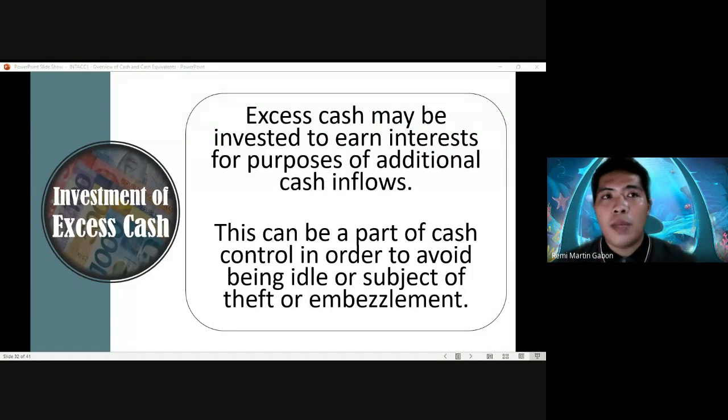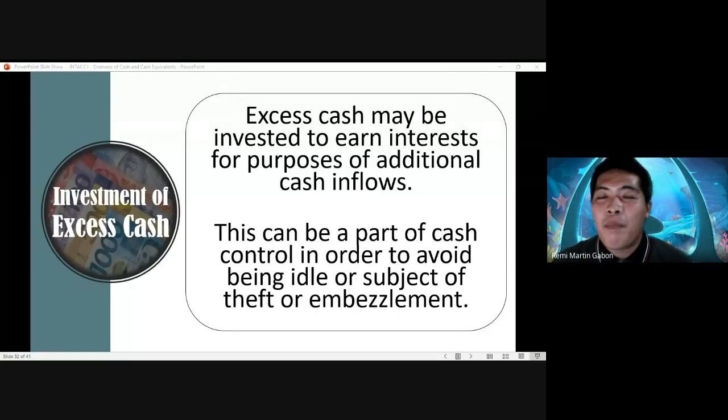So in order for the cash to be more usable, even if there is no specific intended purpose yet, mas maigi na yung excess cash na yan, i-invest temporarily for additional cash flows, in the form of interest. And another thing is for the company to avoid such cash being subject to embezzlement or theft.